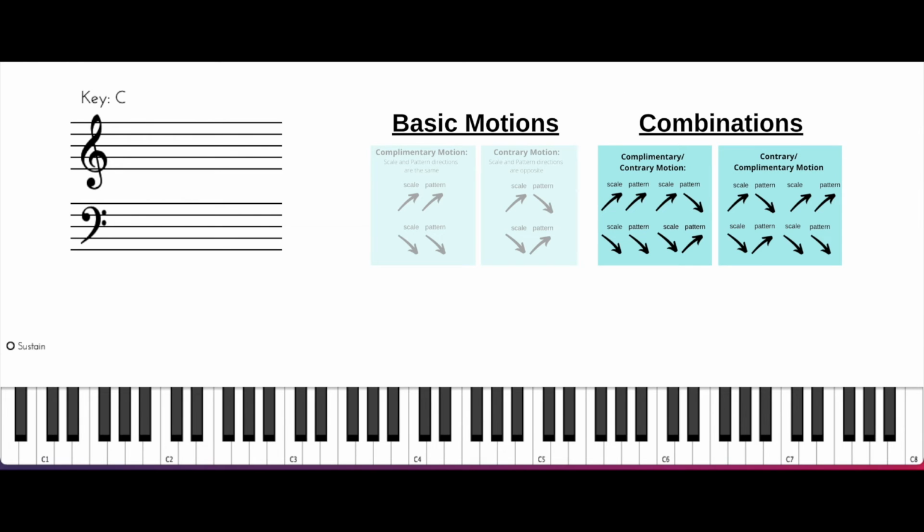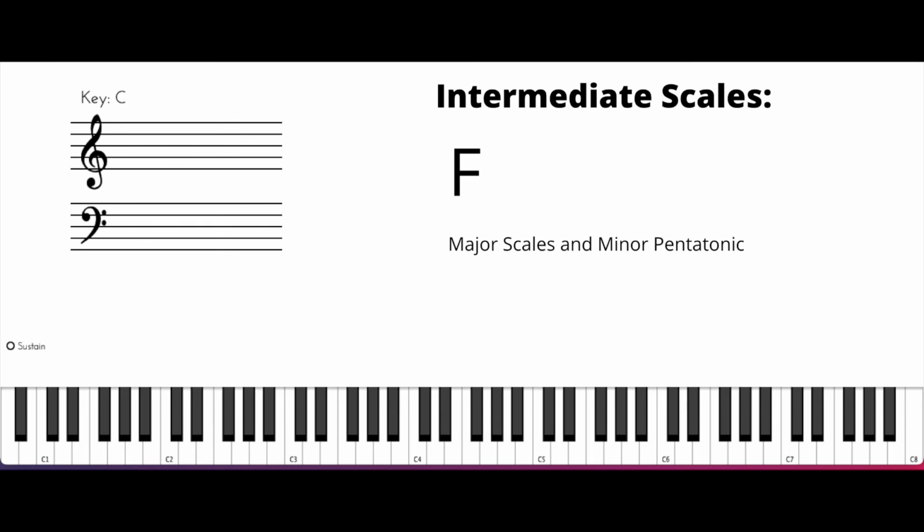I usually say go 1 octave with a major scale and 2 octaves with a minor scale, but anything is fine as long as you can get through that pattern without making a mistake and you can keep your rhythm nice and tight. Intermediates, do that with F, do that with G, do that with B flat, do that with D, do that with your minor pentatonics as well.